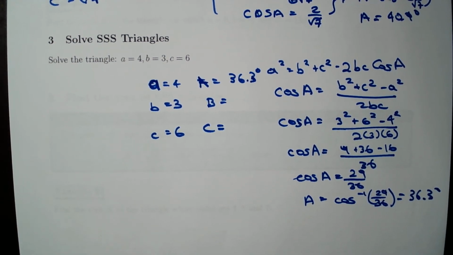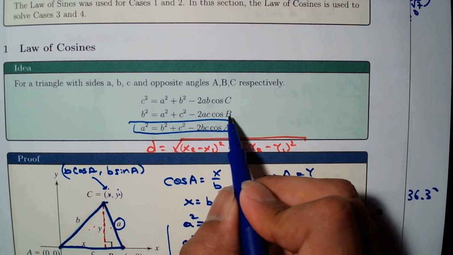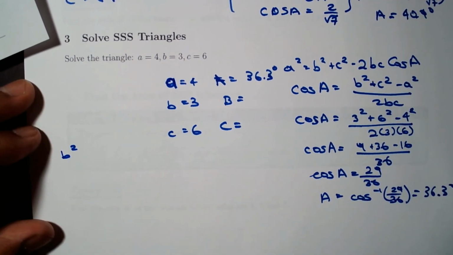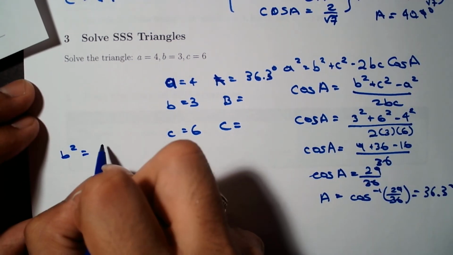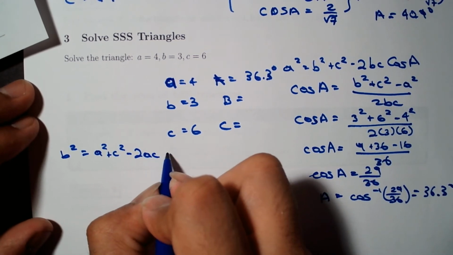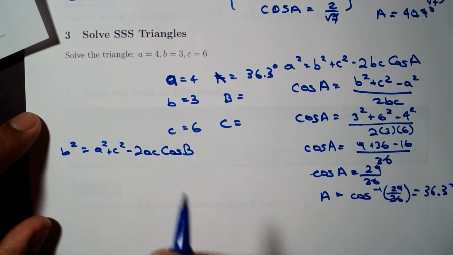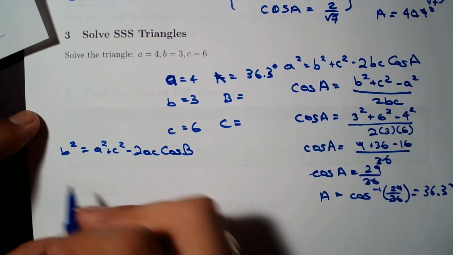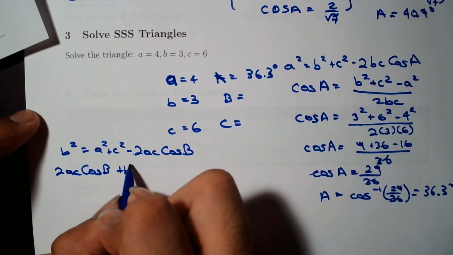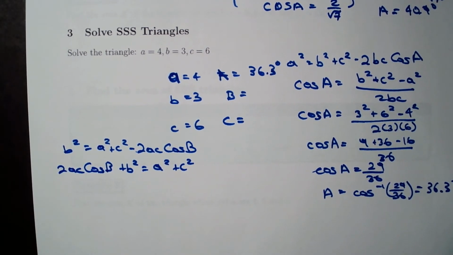We need to use the formula of the law of cosines that involves the angle B. That is B squared equals A squared plus C squared minus 2AC cosine of B. So I'm going to move this whole negative term over here: 2AC cosine B plus B squared equals A squared plus C squared. That way everything remains positive. It's easier to work like that.